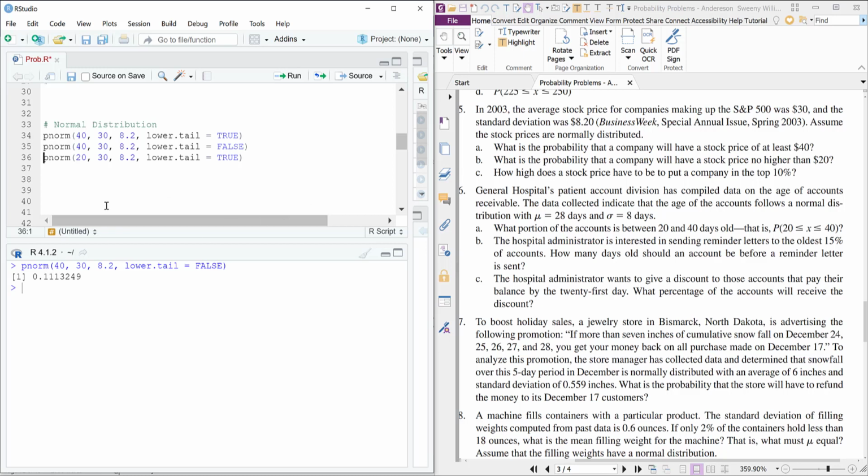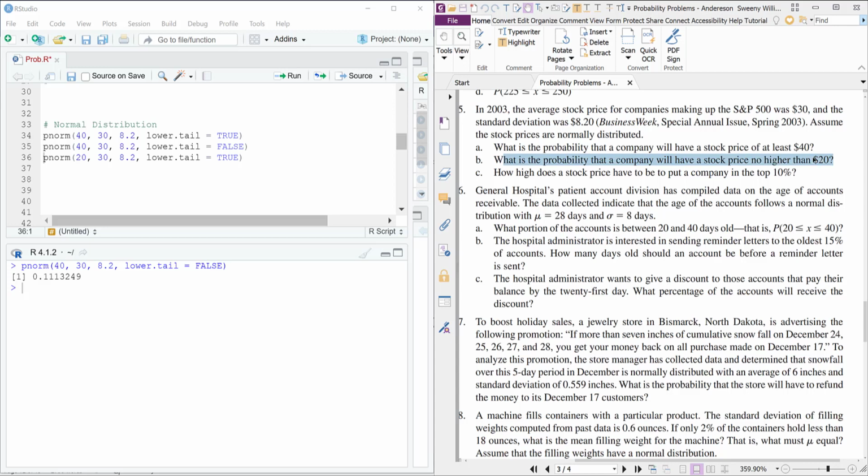Then in the next question, what is the probability that a company will have a stock price of no higher than 20? Now this is a question about the left side of the bell curve, or left end, because it's about no higher than 20.